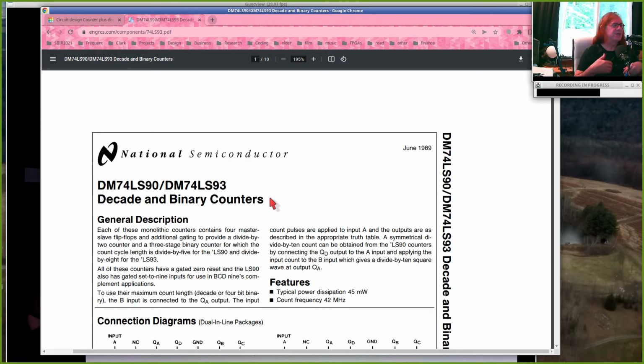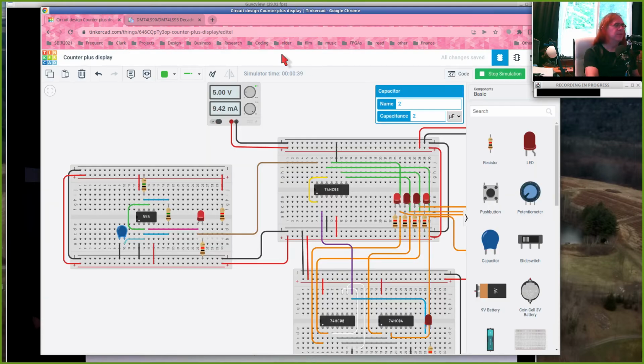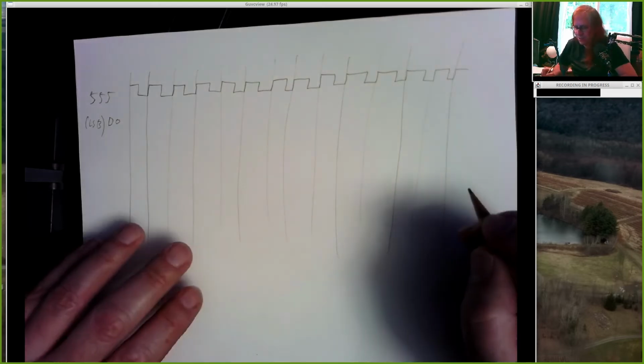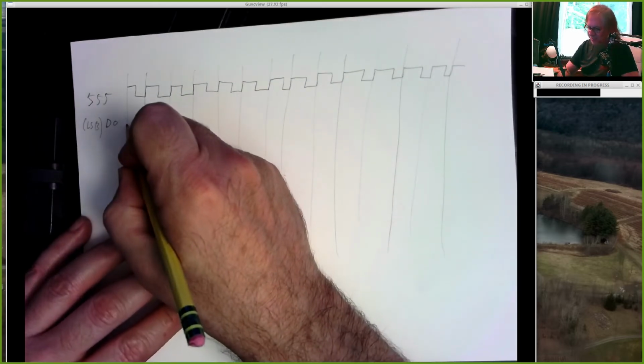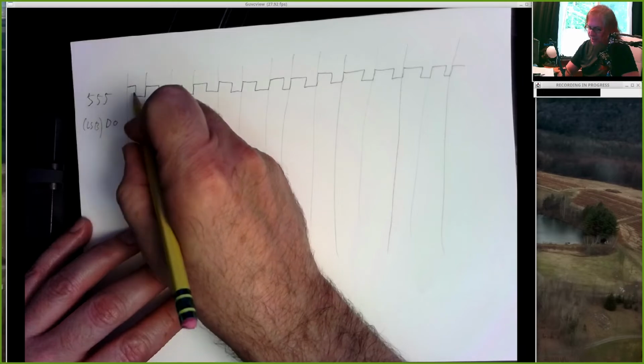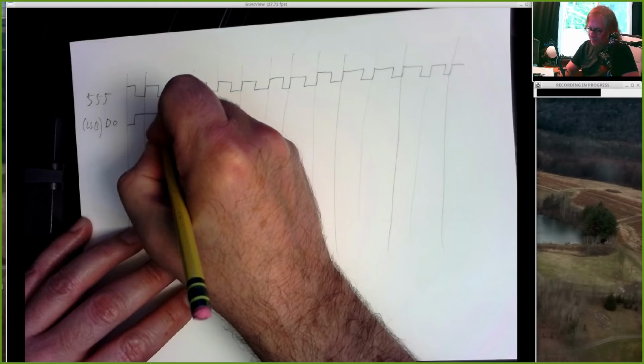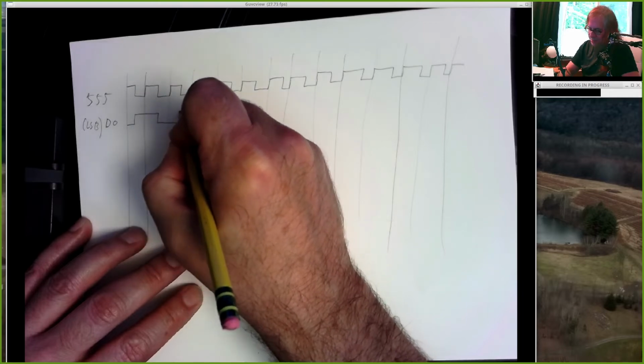So this is going to count on the falling edge of the clock signal. So experimentally or theoretically, you can describe what this should be doing, which is if the output starts low, every time the clock drops from 1 to a 0, this should toggle. So it'll toggle like that.